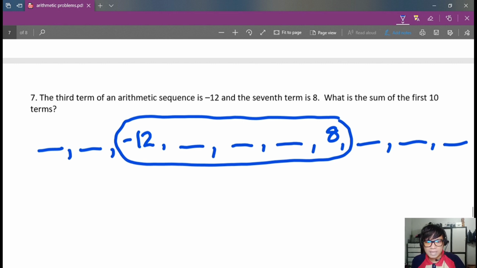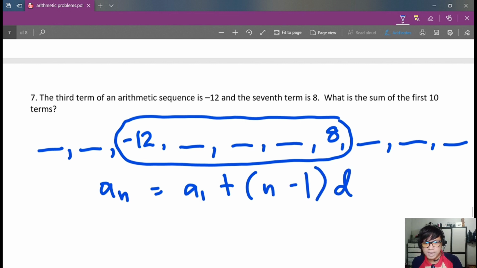So, ang gagawin natin, meron man tayong first term na, ito na yung bago ha, meron tayong first term, and meron man tayong last term. And we have also the number of terms. So, we can identify the common difference. So, gagamitin natin yung formula: a sub n is equal to a sub 1 plus n minus 1 times the common difference.